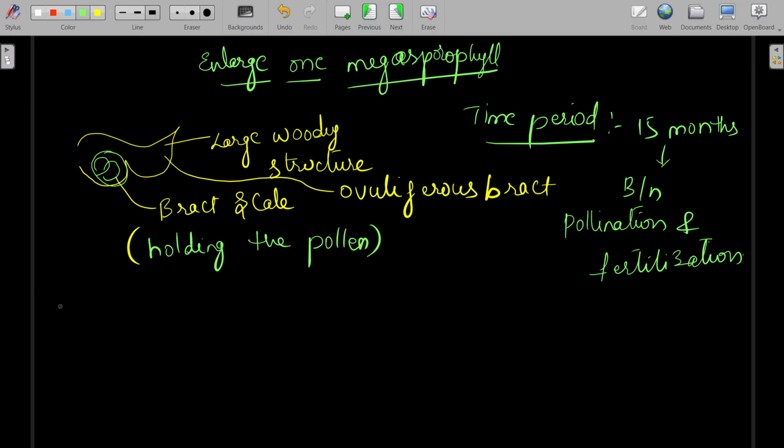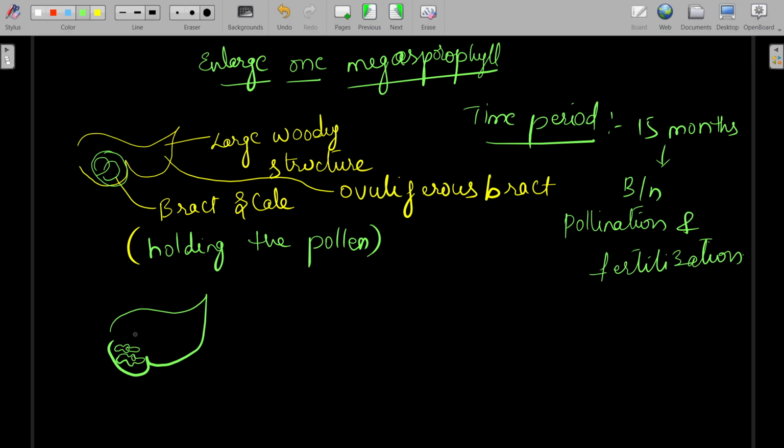Let's draw this. So this is the megasporophyll, and here you can see the pollen, which are stored in the bract scale.